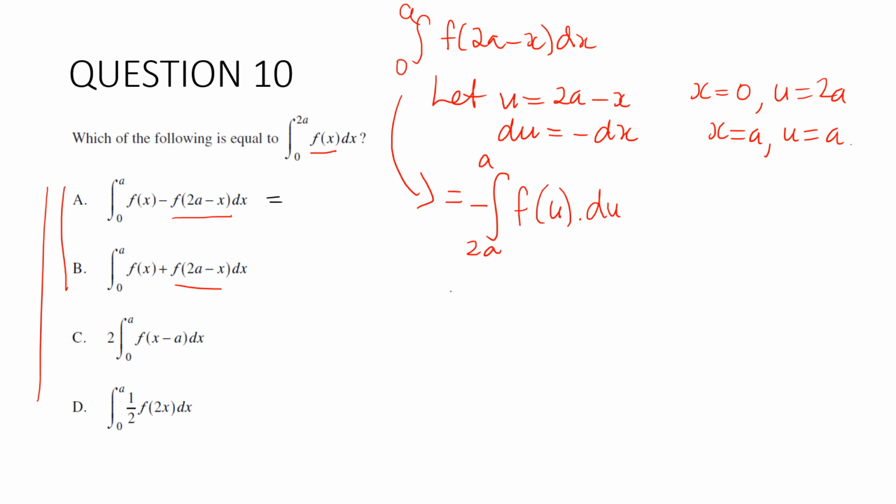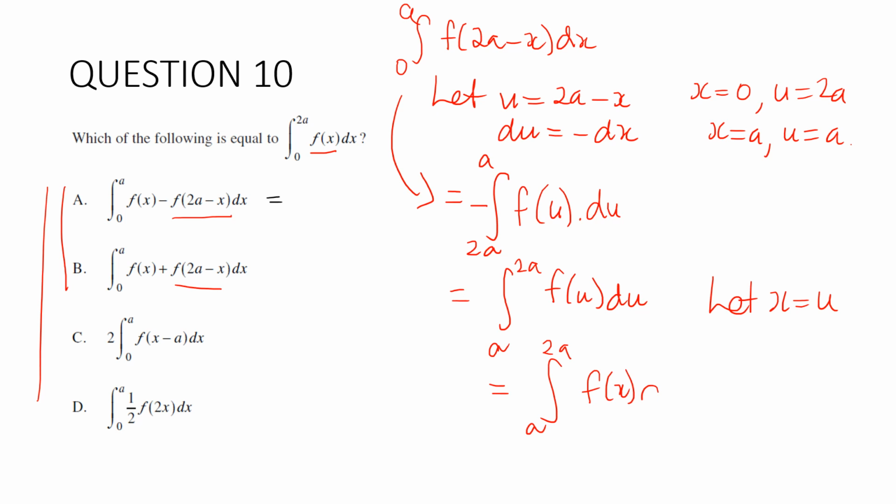Now I can turn this upside down and negate it. So it's going to be equal to positive a up to 2a of f of u du. Now, having it in terms of u is no use to me, so now I'm going to make another substitution and let x equal u, and everything's going to stay the same. So this is equal to a up to 2a of f of x dx.